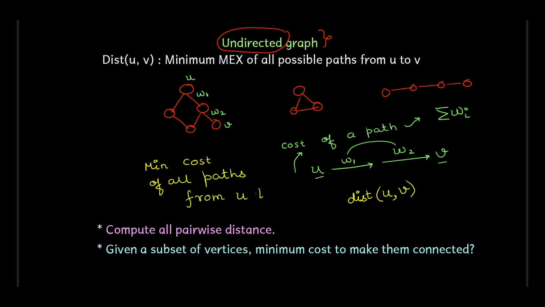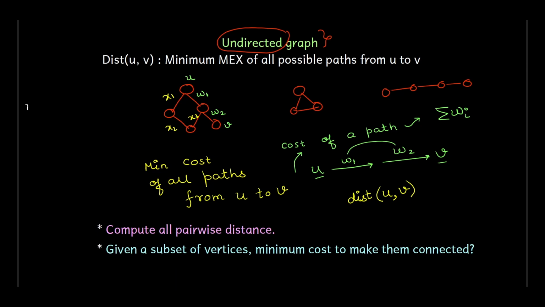For example, this is one path, but there could be another path. Suppose this is x1, this is x2, this is x3. Then you can see that there is another path that goes from U to V. Sorry, I should write the edge weights on top so that you don't get confused.